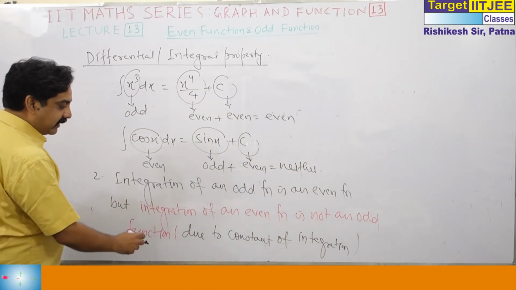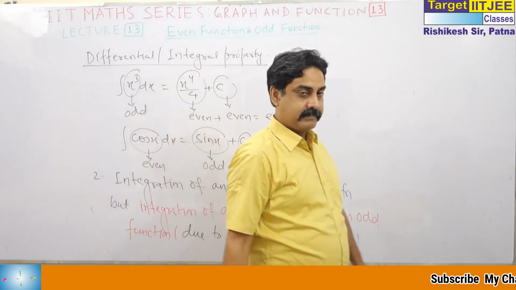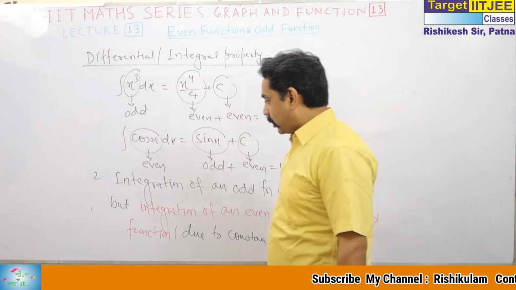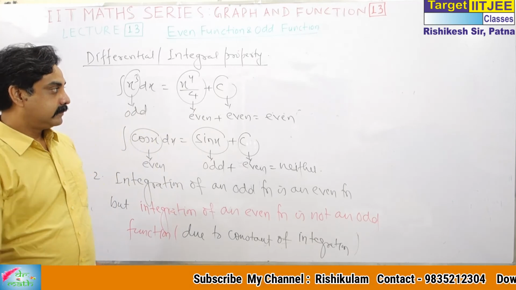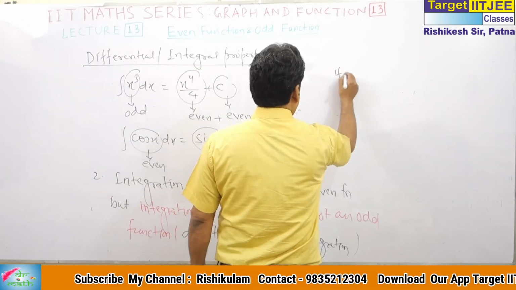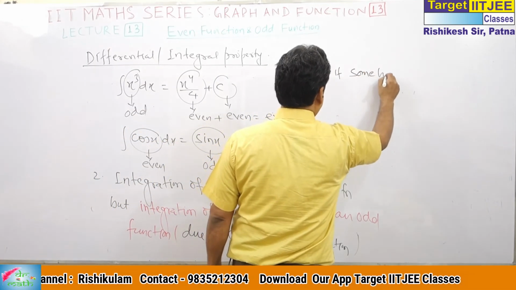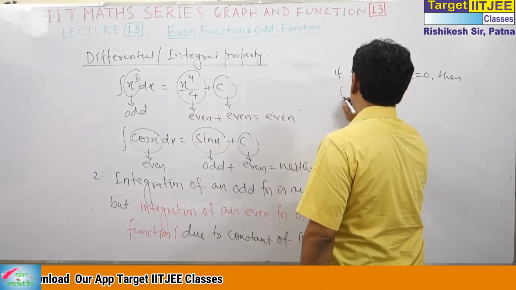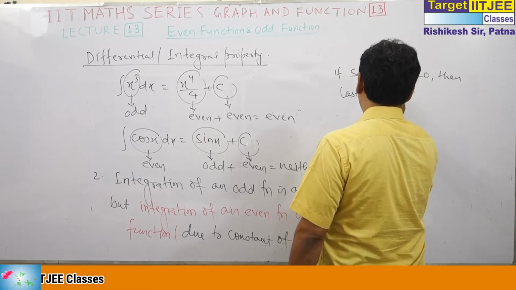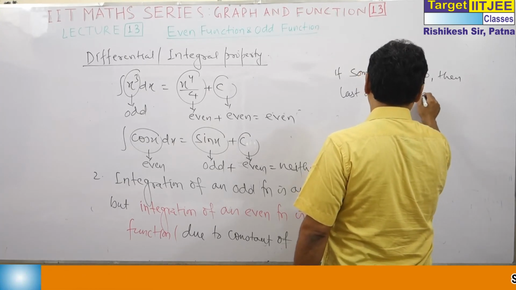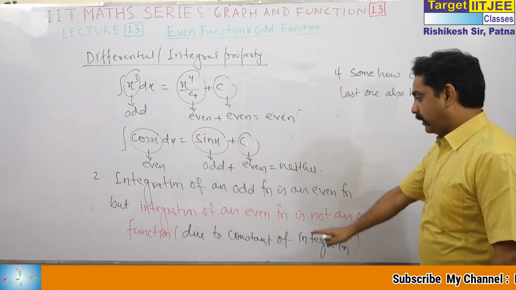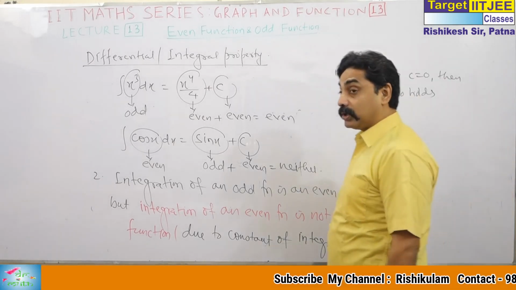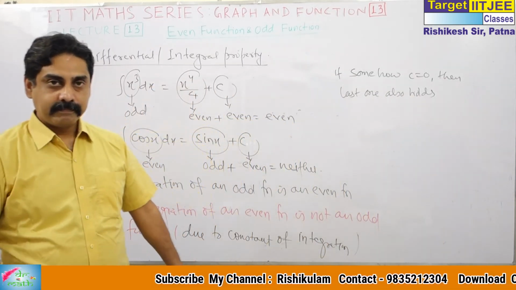Therefore I have written due to constant of integration. If somehow c is 0, then the last one also holds. Last one also holds means integration of an even function is an odd function. You know the reason, no confusion.